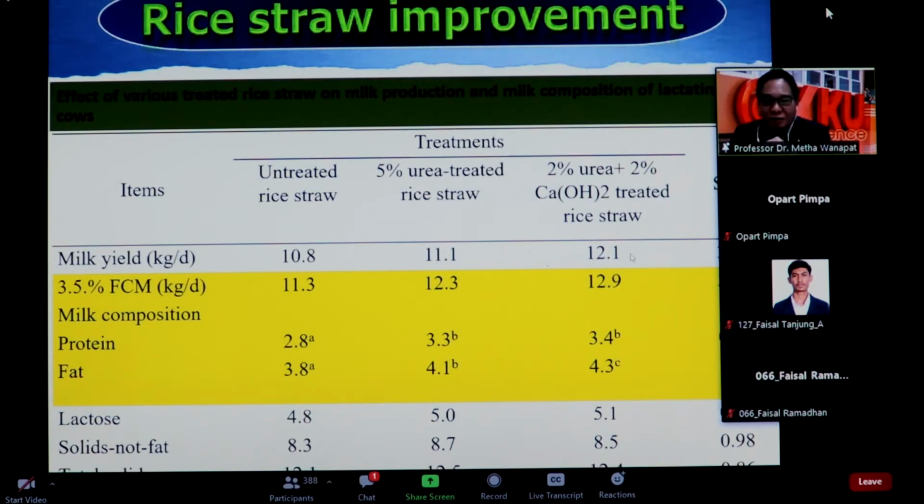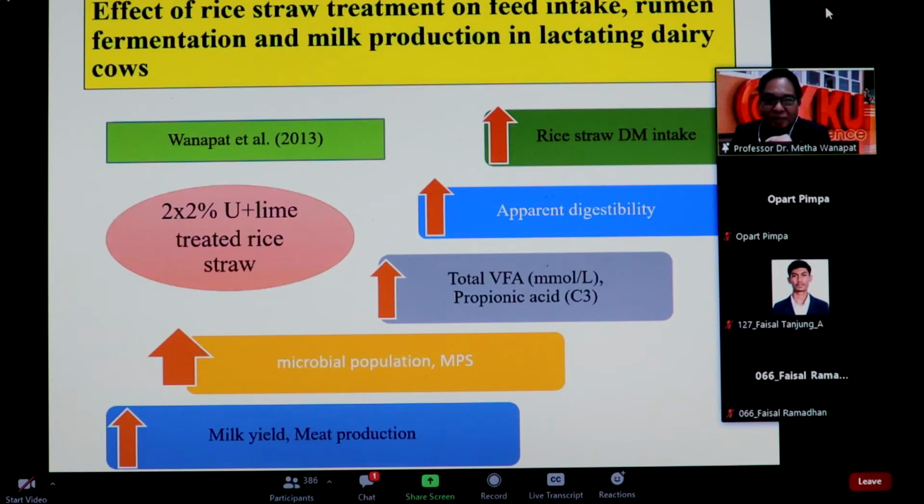In milk yield, you can see that 5% and 2 by 2% were similar in impact, but much higher than the untreated control. So lowering the concentration of urea from 5 to 2 should be recommended.